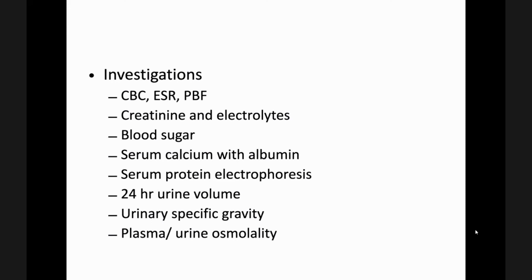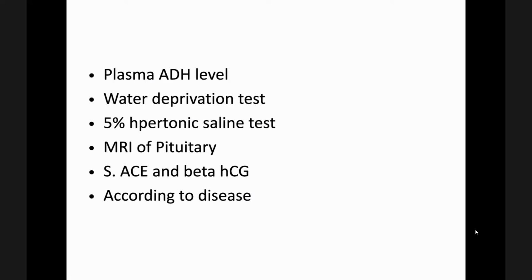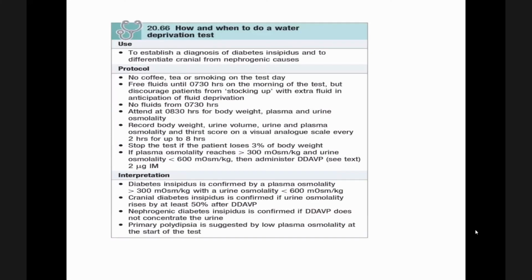In diabetes insipidus, the plasma osmolarity will increase. Then other tests like plasma antidiuretic hormone level, water deprivation test, 5% hypertonic saline test, MRI pituitary, serum angiotensin converting enzyme in case of sarcoidosis, beta HCG to rule out pregnancy, and others according to the disease. So how to do the water deprivation test?